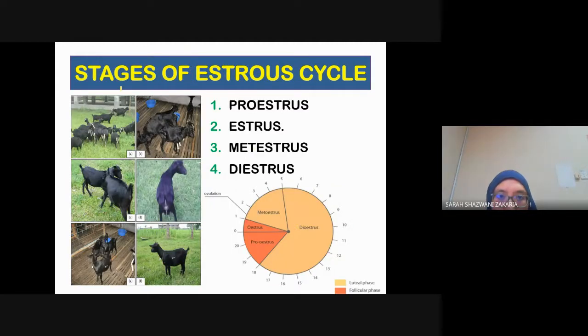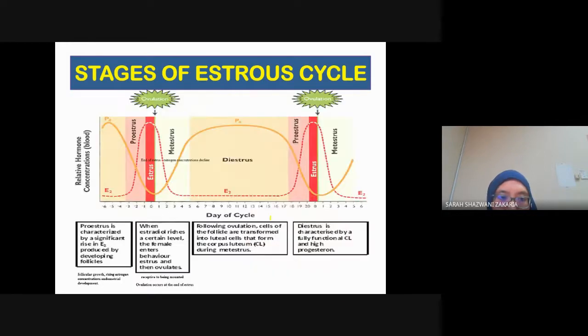These are the stages, and this is the description of the stages. Proestrus is characterized by a significant rise in estrogen produced by developing follicles. From low, suddenly we can observe the rise of estrogen, and here the proestrus stage starts.